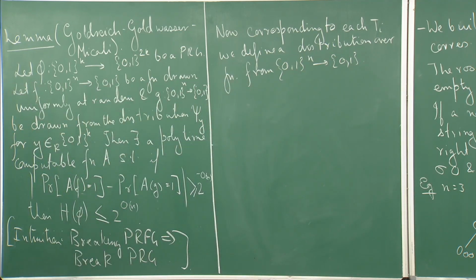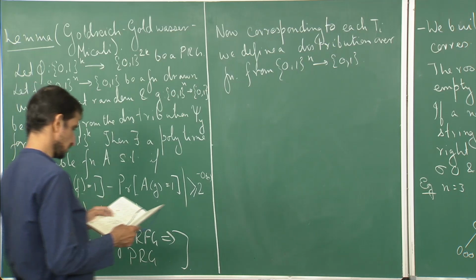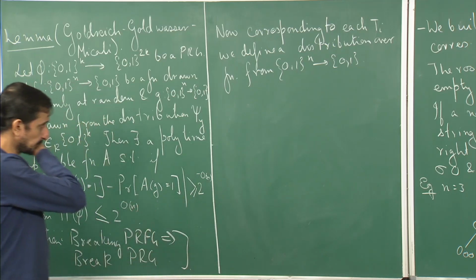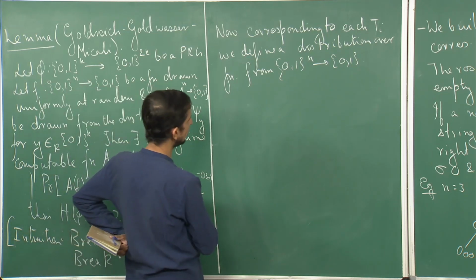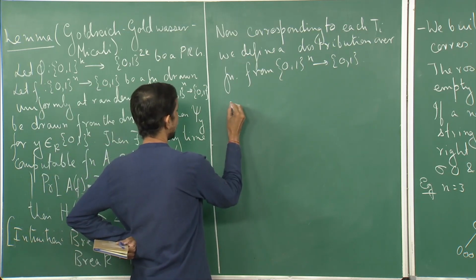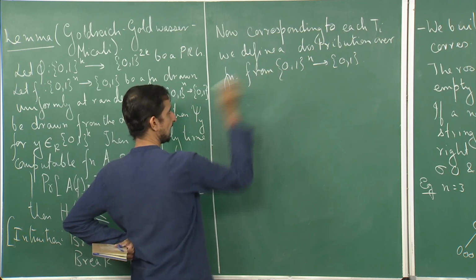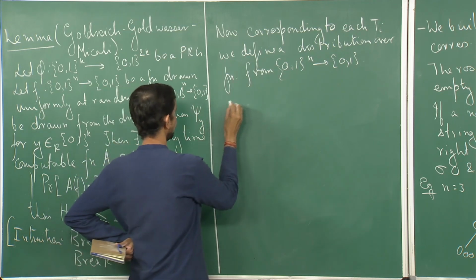Okay. So how do we define the distribution? So let's take a Ti. Okay.